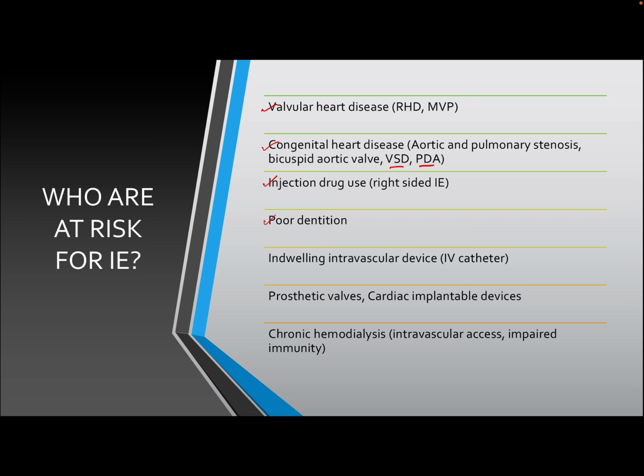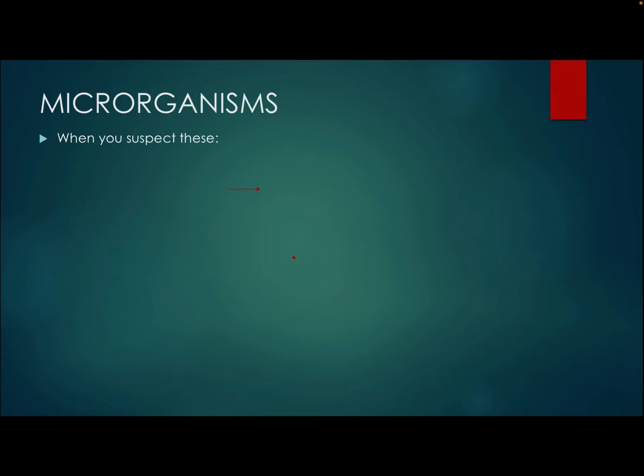People with poor dentition, indwelling intravascular devices like IV catheters, presence of prosthetic valves, cardiac implantable devices, and patients who are on chronic hemodialysis, because these patients usually have chronic intravascular access and they also have impaired immunity, which increases their risk for infective endocarditis.